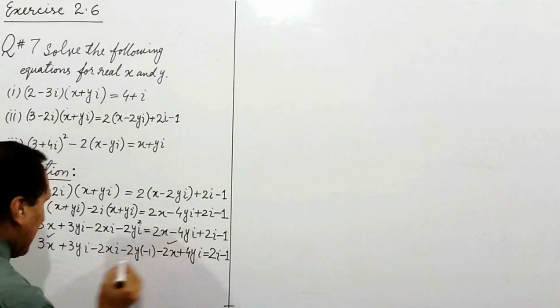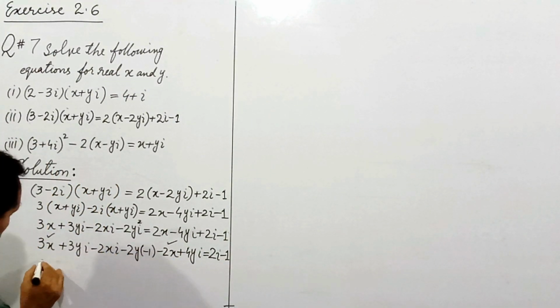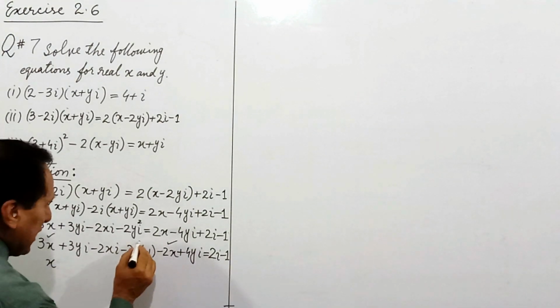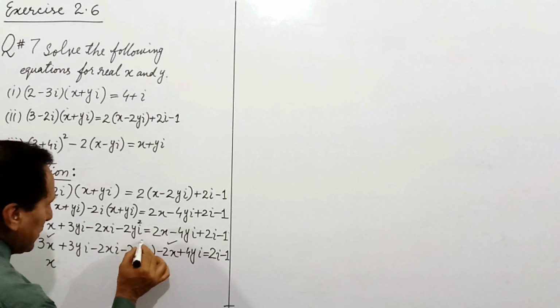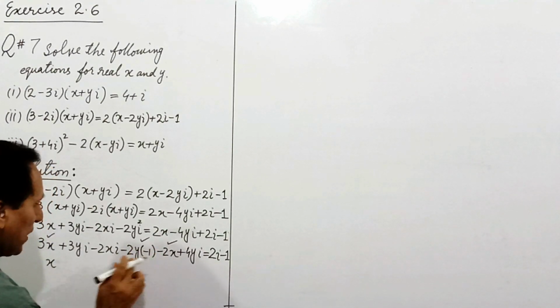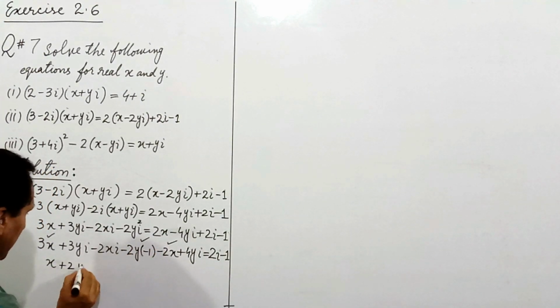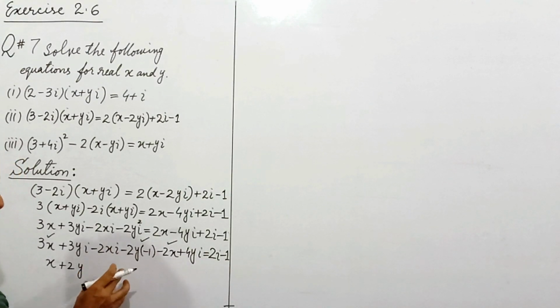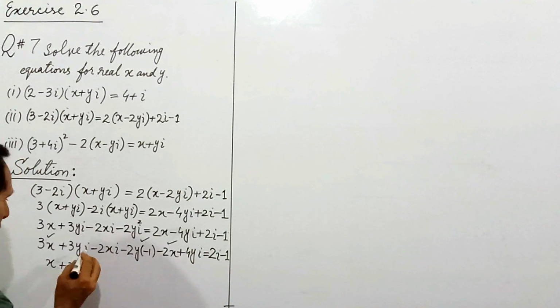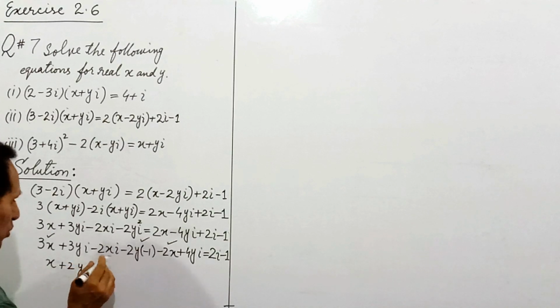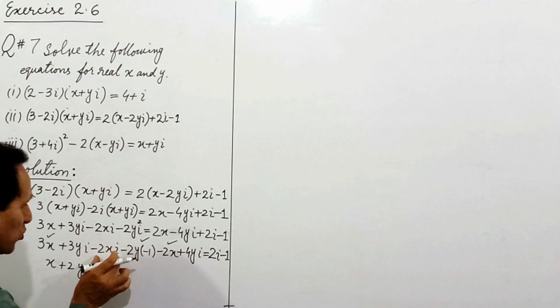3x and 2x are like terms having different signs, so we do subtraction: 3x minus 2x will be equal to x, whereas the other simple variable term is plus 2y. Not only solving but also arrange them in the simple format of a complex number. So first we take the value minus 2xi.